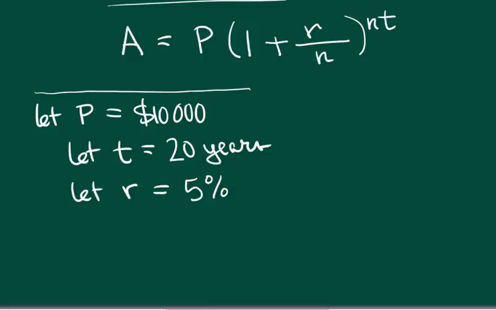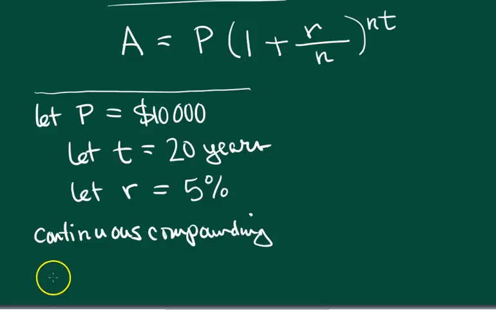Okay, so in the continuous case, our equation is the future value is equal to 10,000 times, my bad, 10,000 times e raised to the .05 times 20.